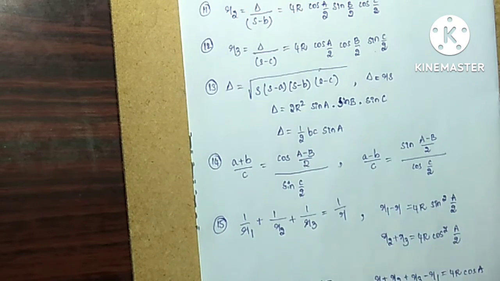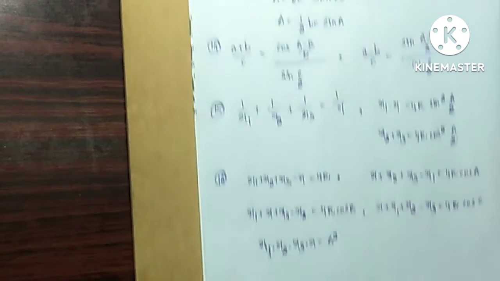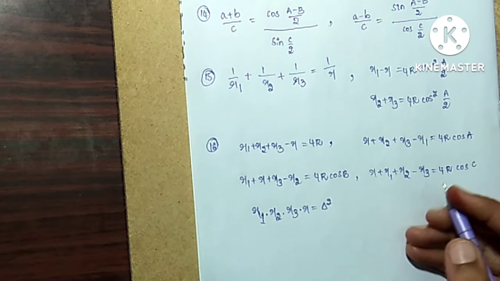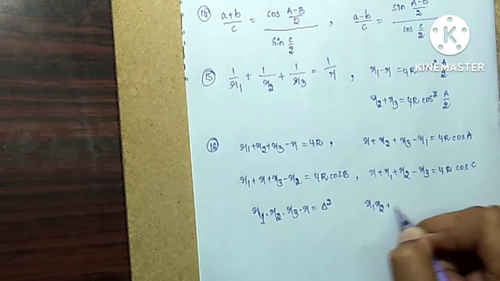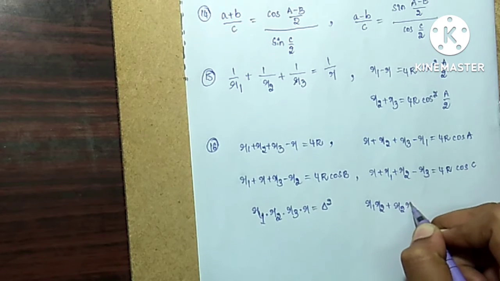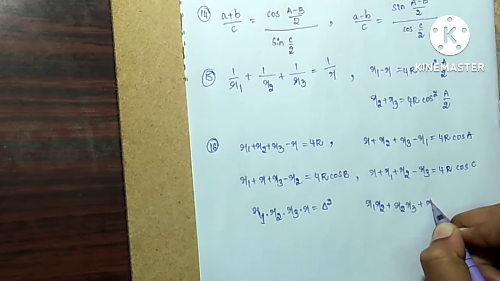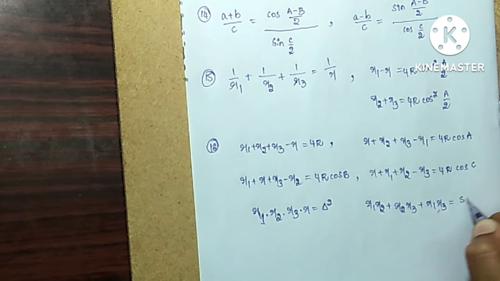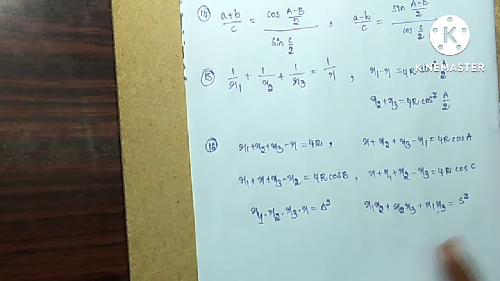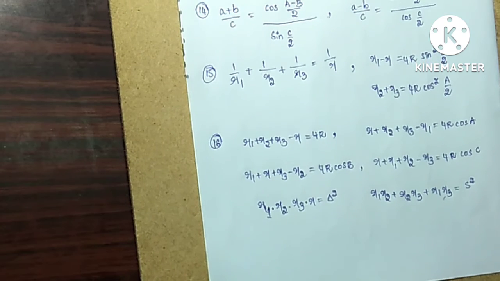Delta square is equal to r1 r2 r3 r. Then another formula is r1 r2 plus r2 r3 plus r3 r1 is equal to s square.